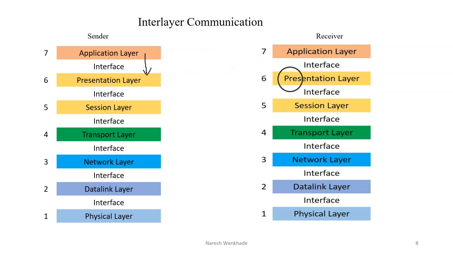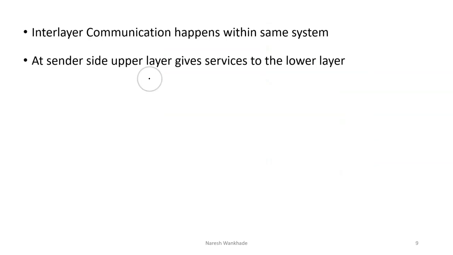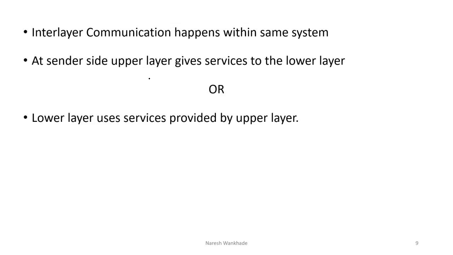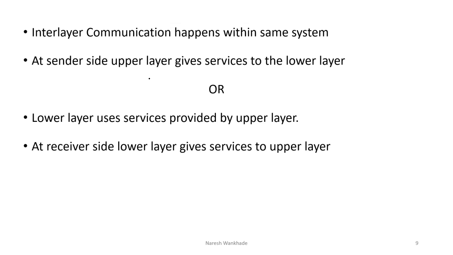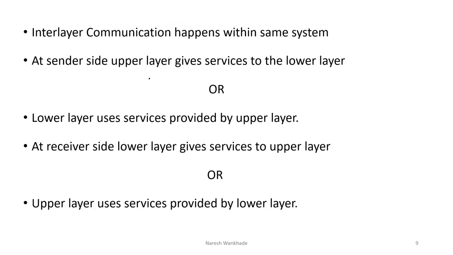So we have seen that at the sender side, upper layers give services to the lower layer, or the lower layer uses services provided by the upper layer. Or at the receiver side, the lower layer gives services to the upper layer, or the upper layer uses services provided by the lower layer.